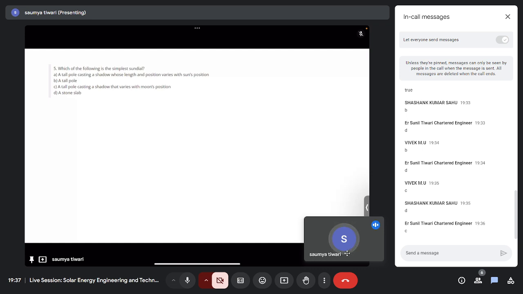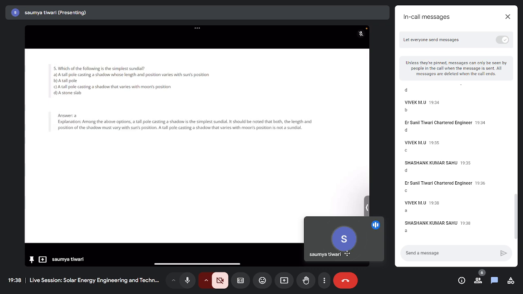Now, this question: which of the following is the simplest sundial? If you want to know the position of the sun in the sky, it's just a general question, like what could be the simplest sundial? So we are getting option A. So that is correct.